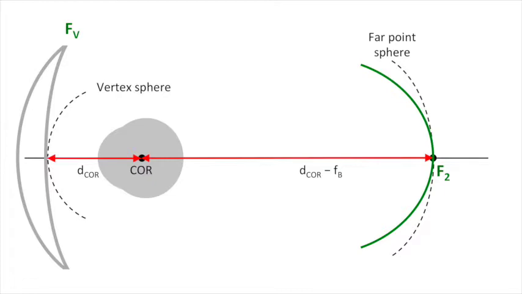The second factor is that the effective power of a lens changes with the angle of incident light. So if the light strikes a lens at 90 degrees, i.e. the angle of incidence is 0, then the power is as specified.